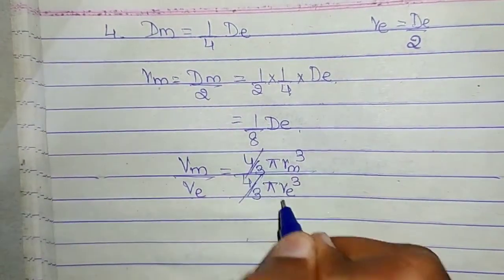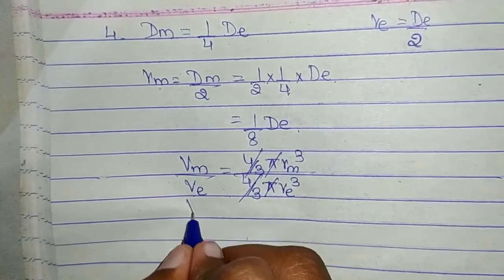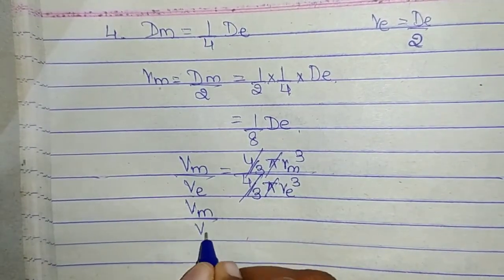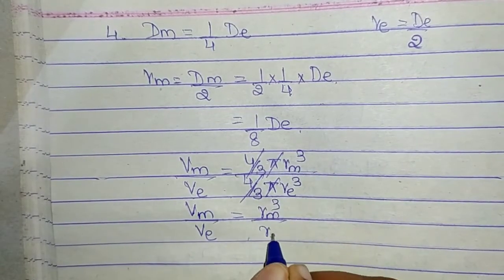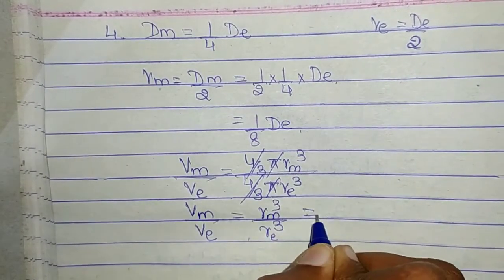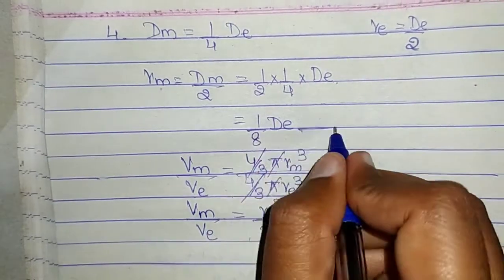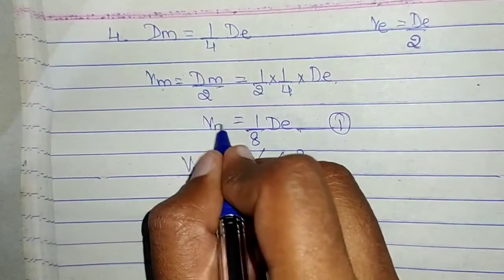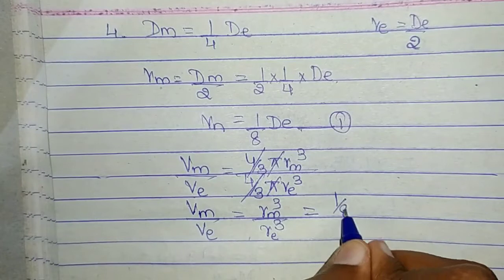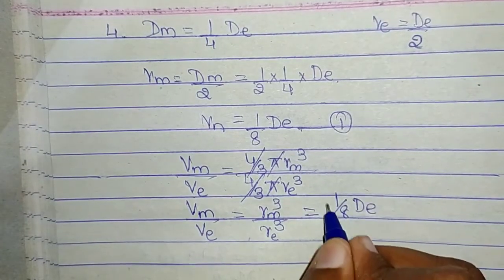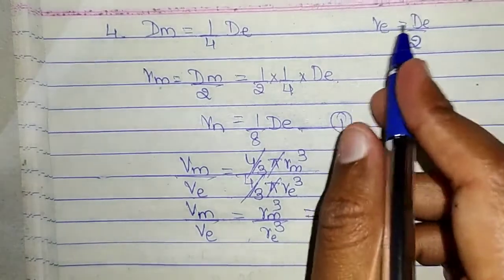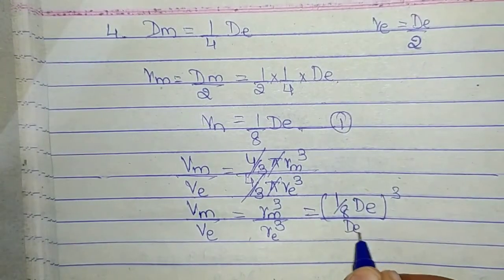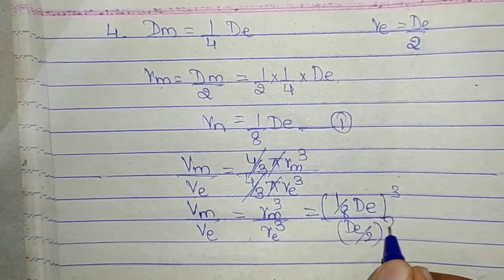So 4/3 pi cancels each other. What we have is Vm by Ve, which is equal to Rm cube by Re cube. Here, from equation 1, Rm is 1/8 the diameter of earth, cubed, divided by Re, which is dE by 2, whole cube.